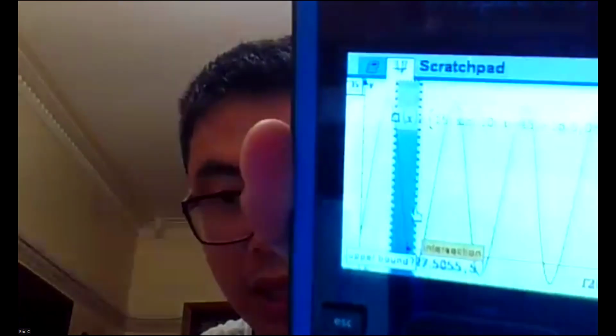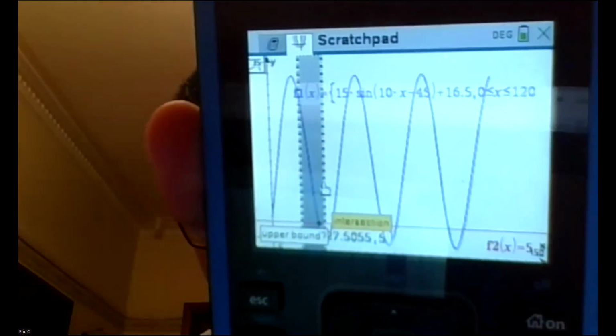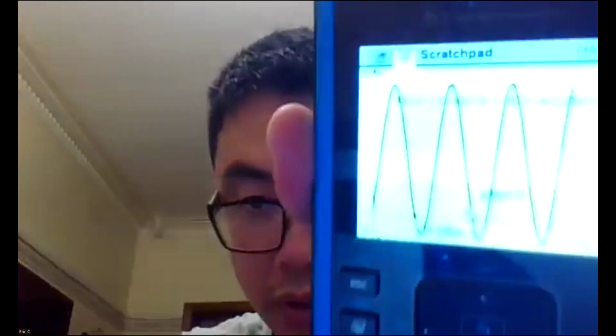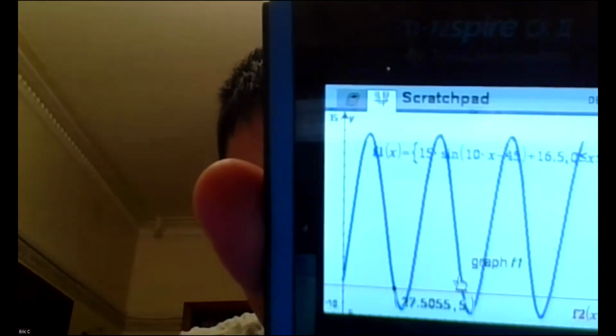Then move your cursor to here, lower bound, click once, and then move it slightly over, and you can see there's an intersection there. Then just press enter. And there you have it. So the first intersection is at 27.5 and 5. So the answer for how many seconds it takes for Isabel's seat to pass the access platform is 27.5 seconds.